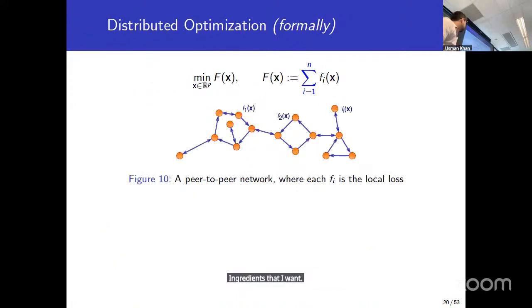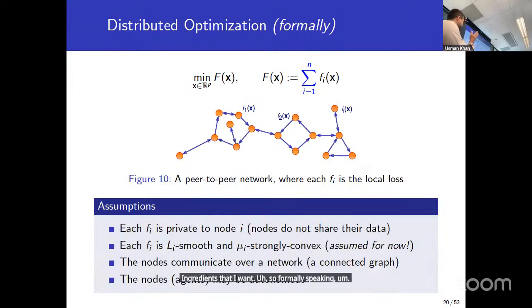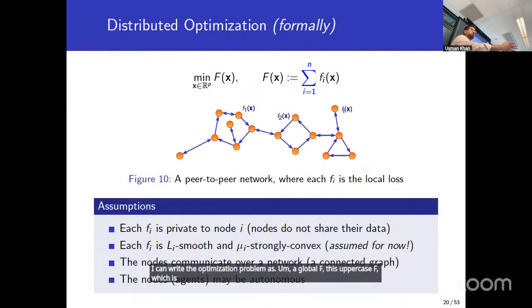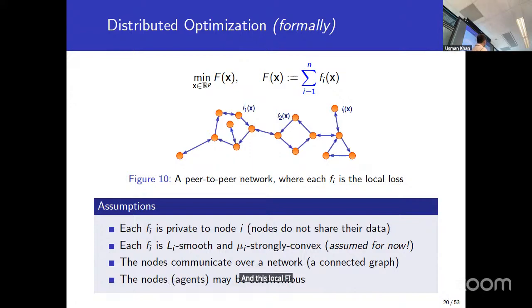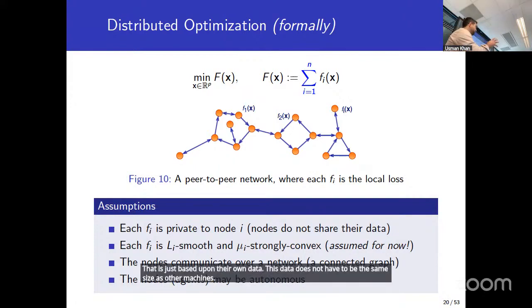So formally speaking, I can write the optimization problem as a global F, this uppercase F, which is the sum over local losses. And this local f_i is a loss function at every node, every machine, that is just based upon their own data. This data does not have to be the same size as other machines. The data could be vastly heterogeneous.